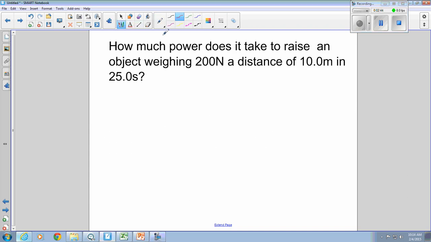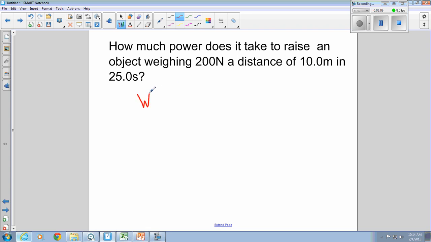An example problem for power asks how much power does it take to raise an object that weighs 200 newtons a distance of 10 meters in 25 seconds. So we have a situation where we need to figure out the work to lift this weight this distance.